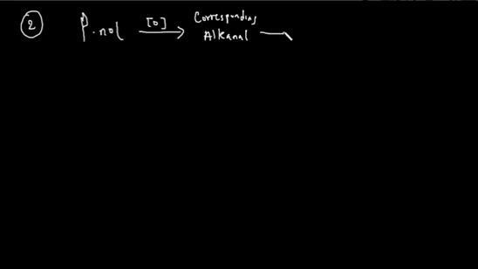Primary alkanol will give you alkanal. And when you now further oxidize this alkanal, it will now give you alkanoic acid. Now, popular oxidizing agents that you could consider are things like acidified KMnO4 or K2Cr2O7.